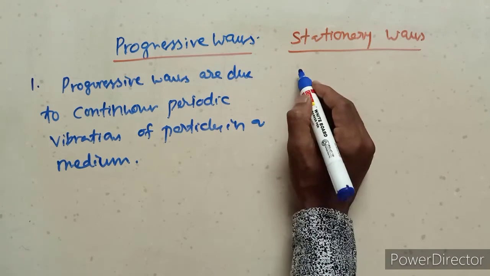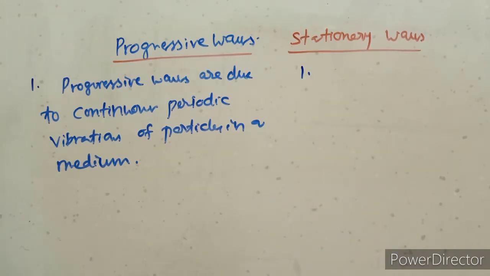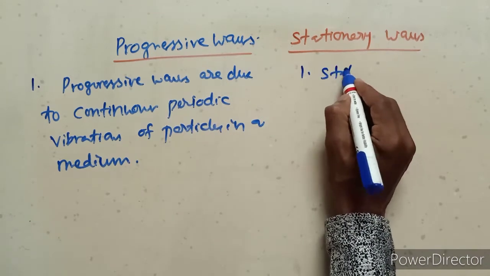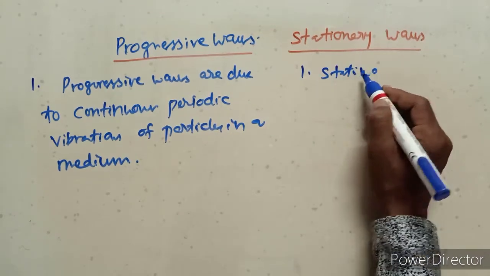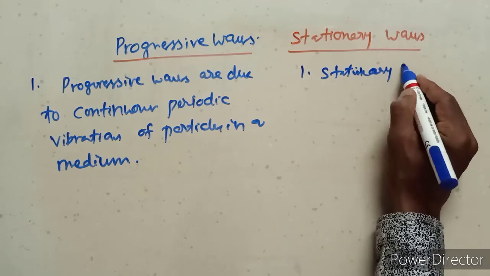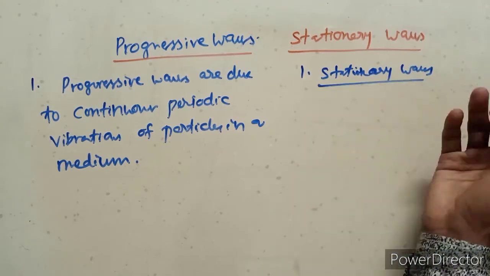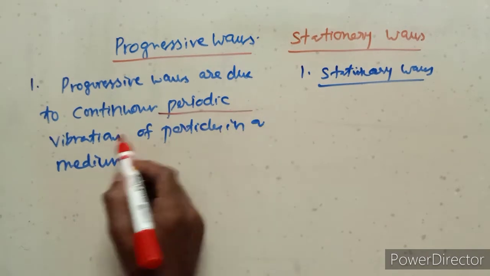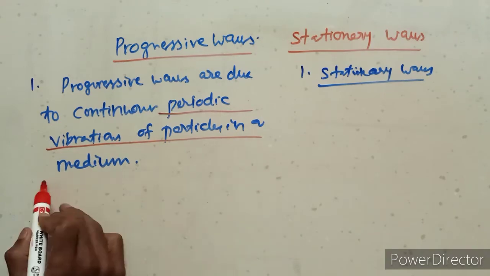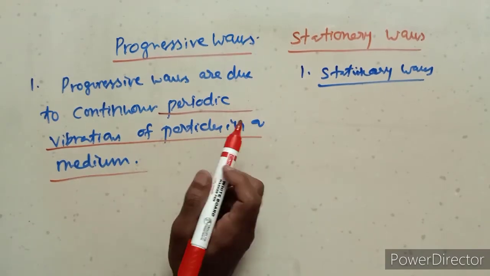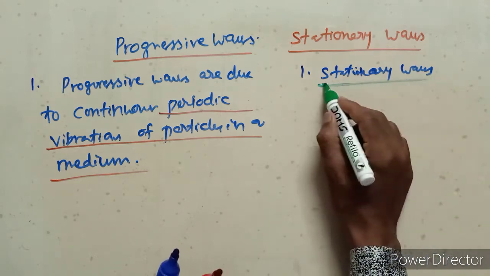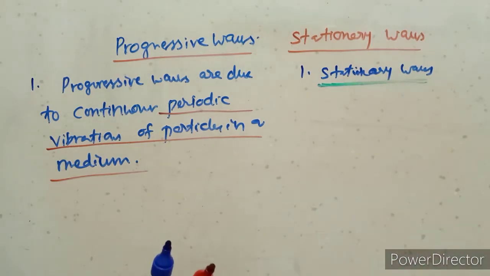But stationary waves are due to the superposition of waves. So progressive waves are produced due to continuous periodic vibration of particles in a medium, but stationary waves are produced by superposition of two waves.